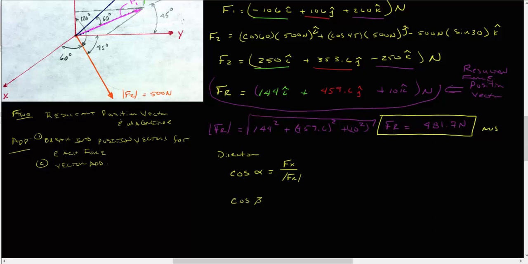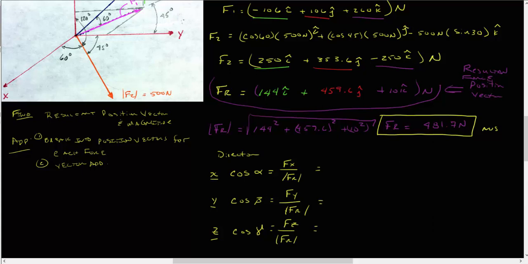The cosine beta, so this is from my x, this is from my y, and this is from my z-axis. And this would be cosine gamma. And this is going to be Fy over Fr, the magnitude, and Fz over the magnitude of the resultant force.